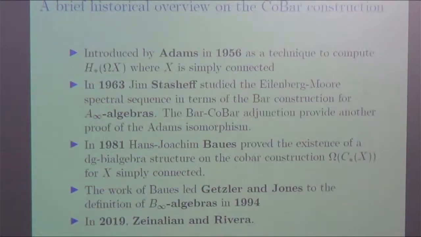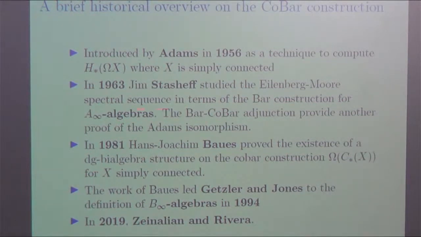Okay, so before I give the definition of the co-bar construction, let me just make a brief historical overview. So Adams introduced it in 1956, and he was interested in computing the homology of loop spaces, okay, and there are some conditions on X. So in 1963, Jim Stasheff studied the Eilenberg-Moore spectral sequence that arises in the bar construction for A-infinity algebras.